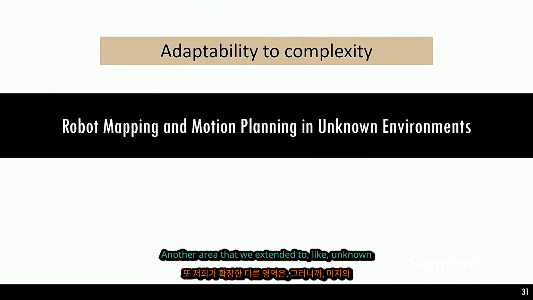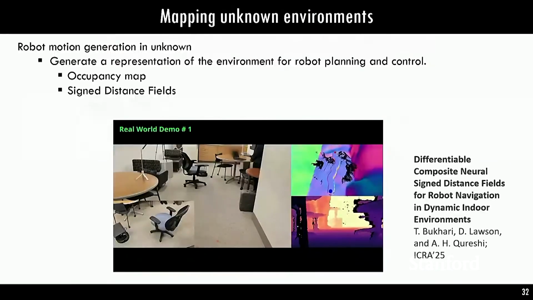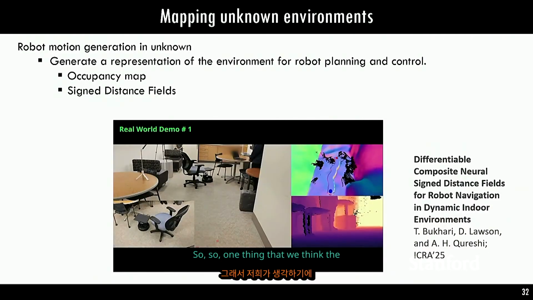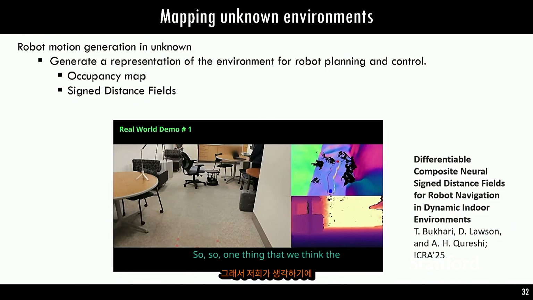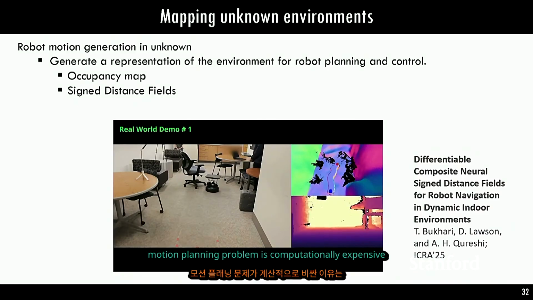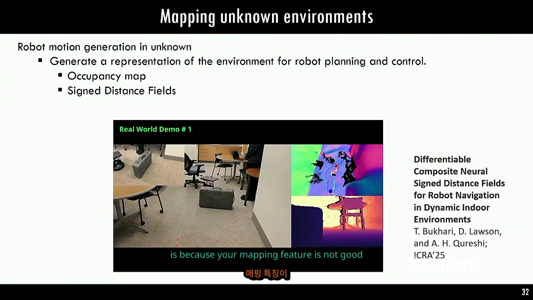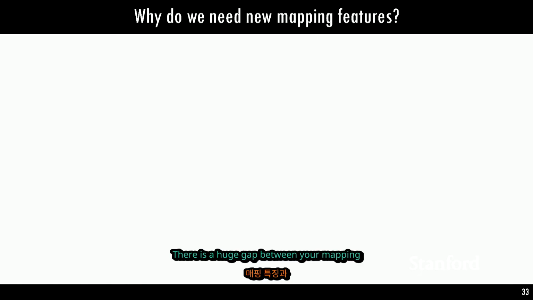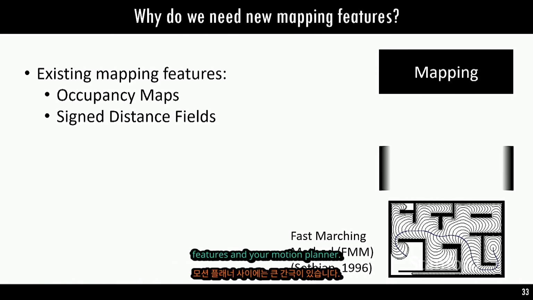Another area that we extended to is unknown environments. Right now we assumed we know the environment, and from that environment we computed the distance to obstacles. I need to speed up. One reason we think the motion planning problem is computationally expensive is that your mapping feature is not good for motion planning. There is a huge gap between your mapping features and your motion planner.